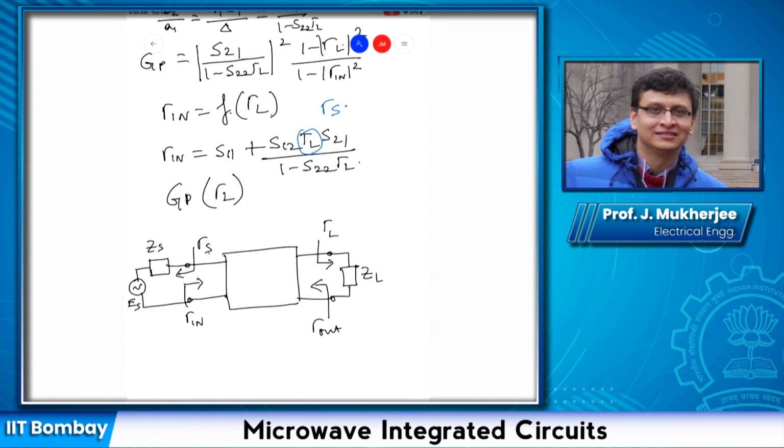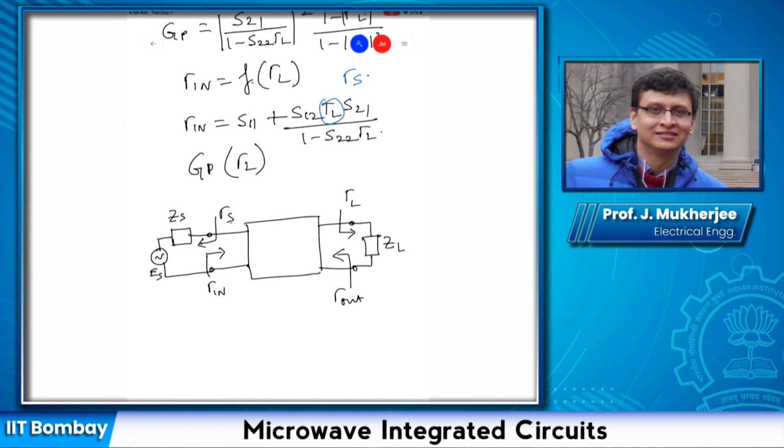Now the point of introducing an input matching network or an output matching network, if your goal is maximum gain or maximum power transfer, is that we should have conjugate matching. Say Z in is the input impedance and Z out is the output impedance.